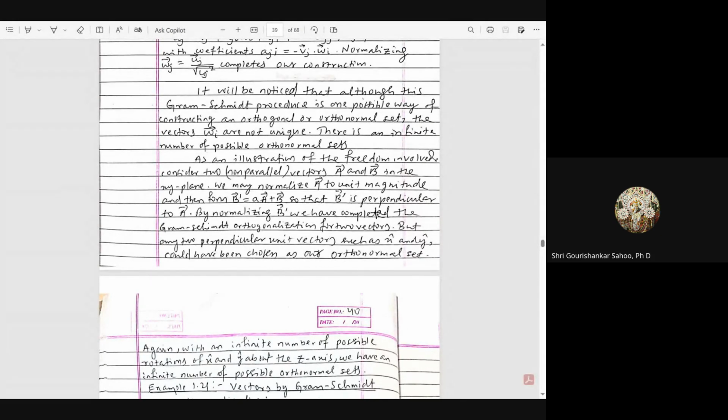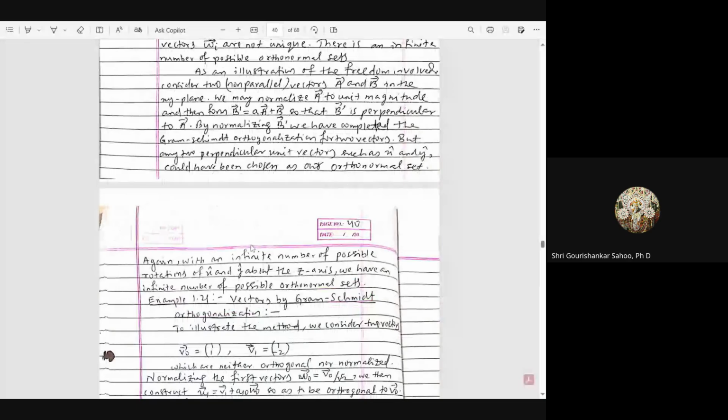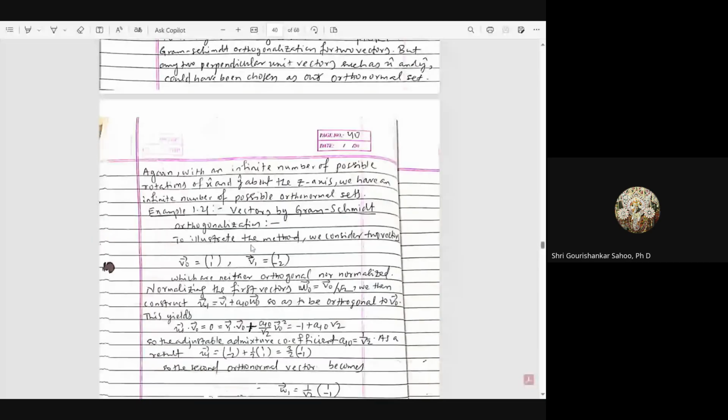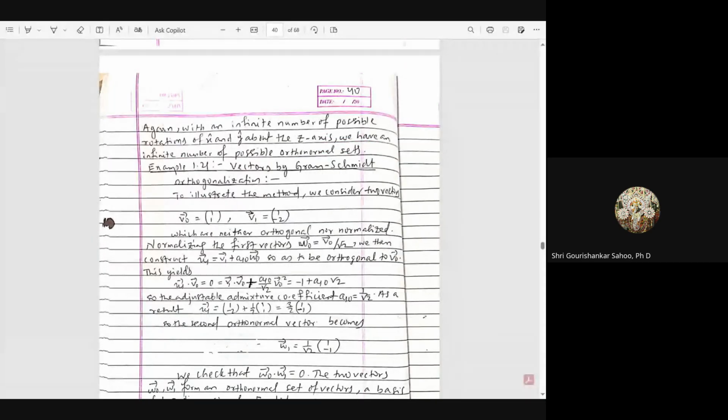By normalizing B dash vector, we have completed the Gram-Schmidt orthonormalization for two vectors. But any two perpendicular unit vectors such as x cap and y cap could have been chosen as our orthonormal set. Again, with an infinite number of possible rotations of x cap and y cap about the z axis, we have an infinite number of possible orthonormal sets.